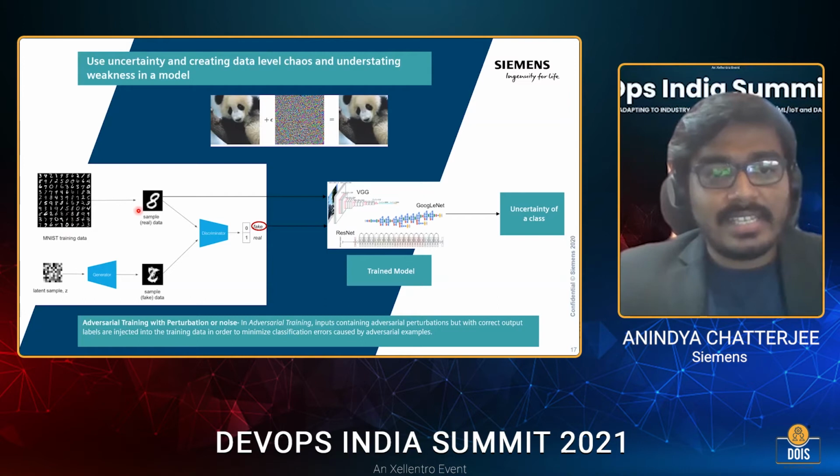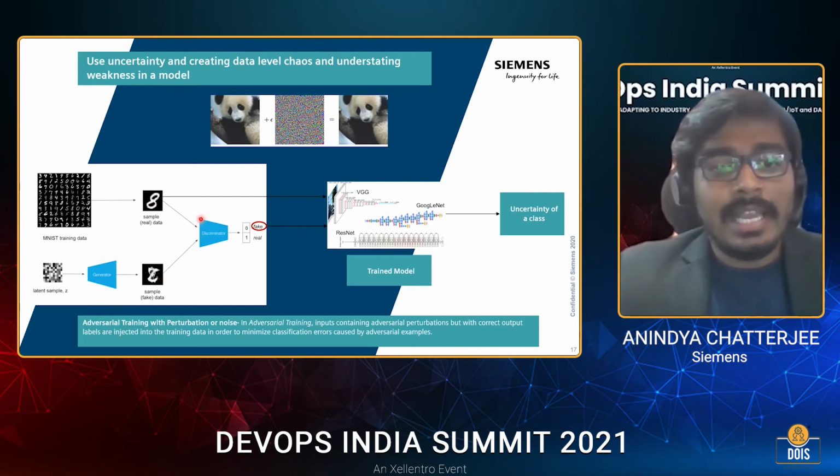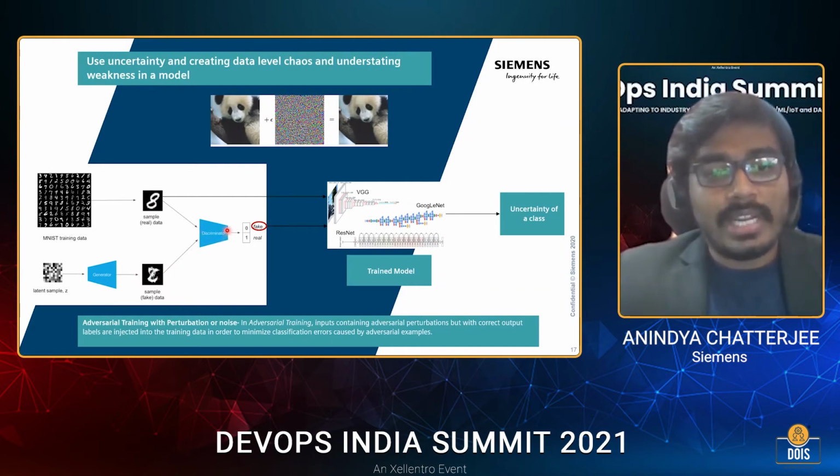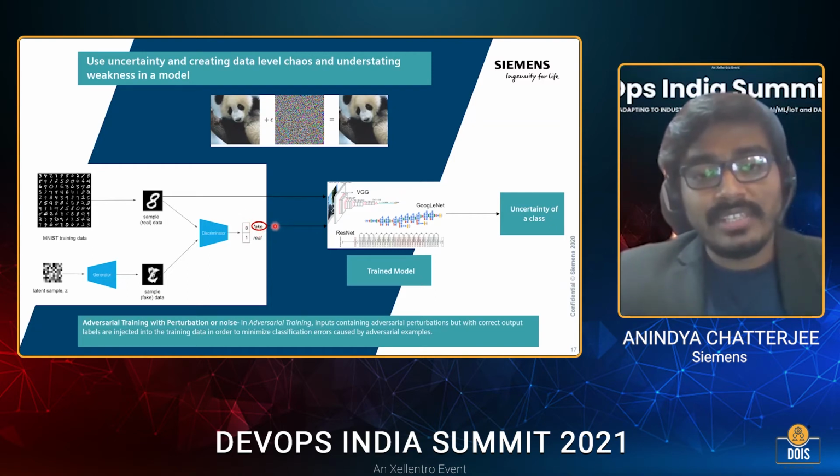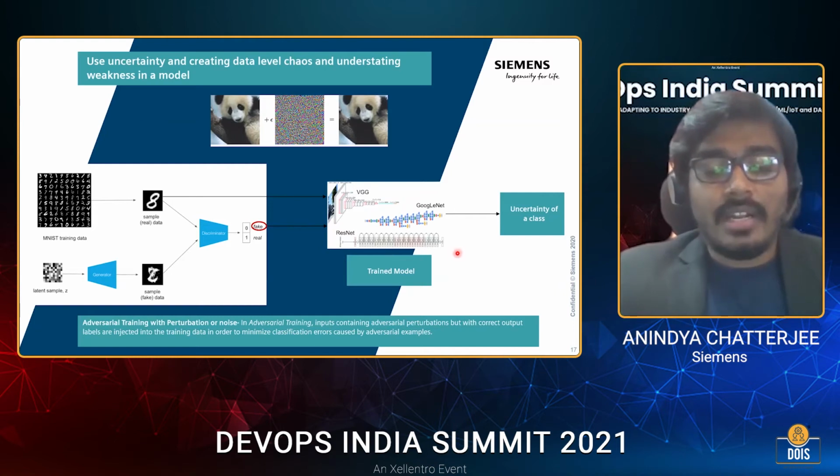From the MNIST dataset comes the real sample, and from the fake generator we get a fake sample, and the discriminator is strong enough to identify what is actually the real and the fake sample. Based on this label of fake and real, we will be pushing these images into our image classification network to understand how we stand in terms of adversarial robustness.